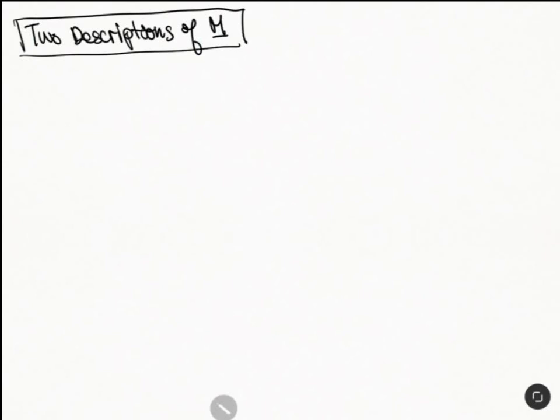So let's talk about the two descriptions, sorry, not of M bar, but of covers associated to M underline.